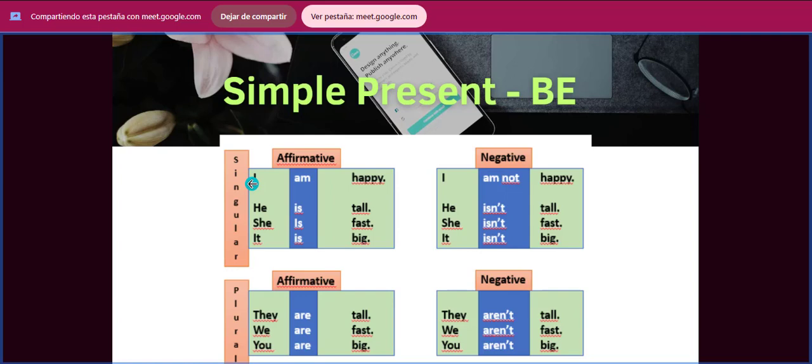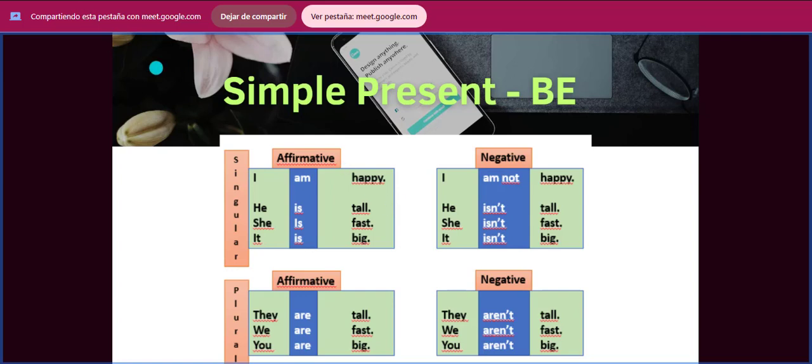So for example, in the case of I, in the simple present using the verb to be, we will use the conjugation am. And so we can say, I am happy, for example. Then with he, she, or it, we will use the form of be that is is. And we can say things like he is tall, she is fast, or it is big.